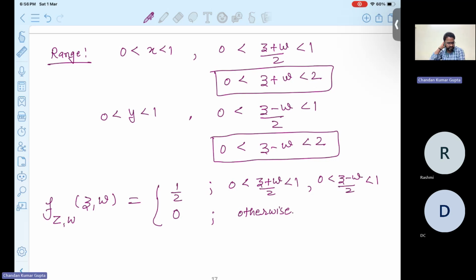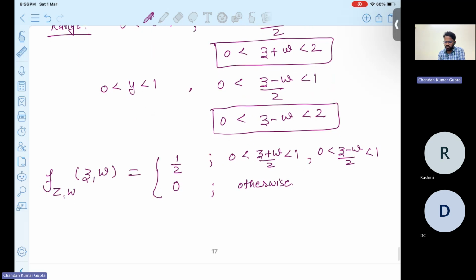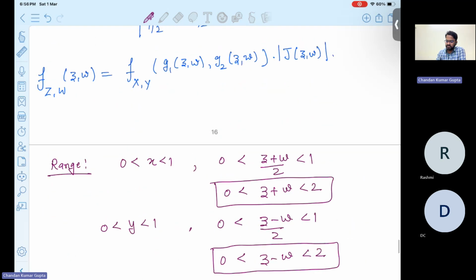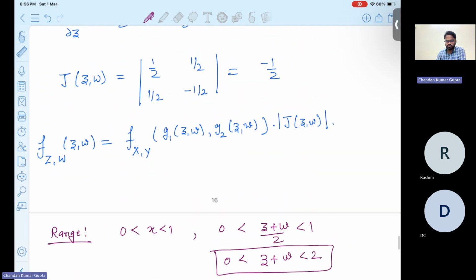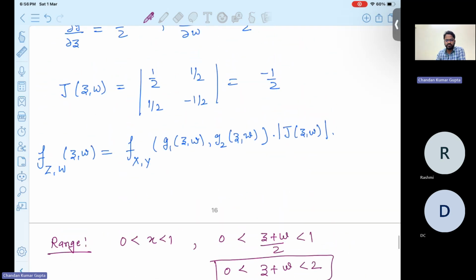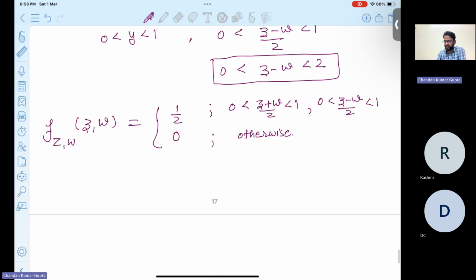This is how we calculate the joint distribution of the transformed random variables z and w when we are given the joint distribution of the x and y random variables. I hope it is clear.